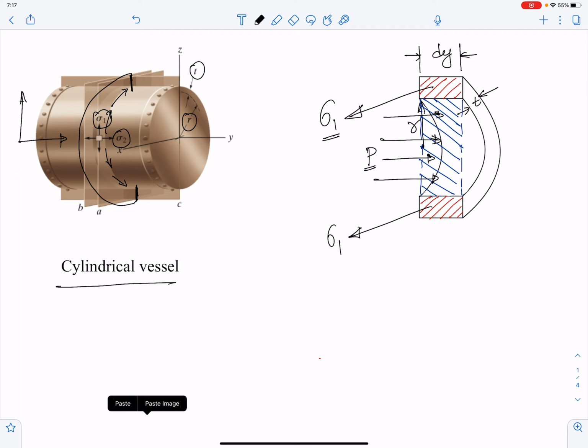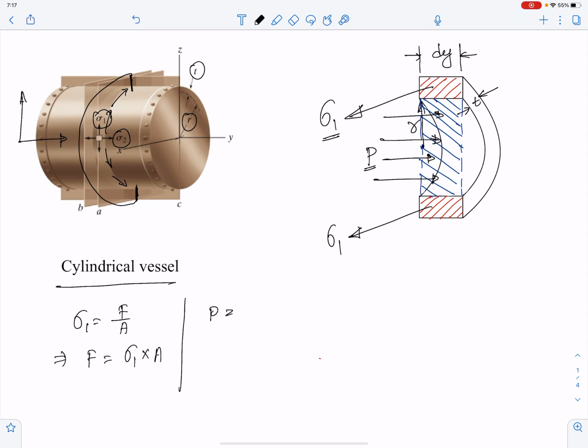We know the stress definition: sigma 1 equals force divided by area, so force would be sigma 1 times A. And we also know that pressure is nothing but force divided by the perpendicular area, so the force due to that pressure equals P times A. So two different forces are acting, but in two different directions.